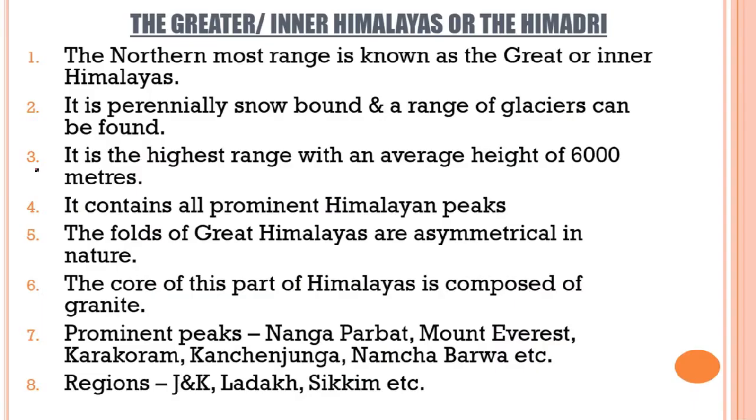Now let's move on. Now we come to the particular characteristics of the greater Himalayas or the inner Himalayas or the Himadri. Clear? So students, we have already seen that it is perennially snowbound and a range of glaciers could be found. We have seen that the highest range has an average height of 6000 meters. Next, we have seen that the core of this part of the Himalayas is composed of granite.